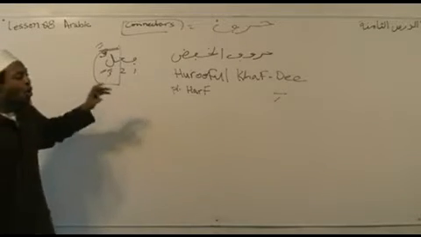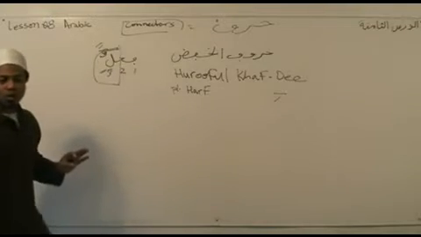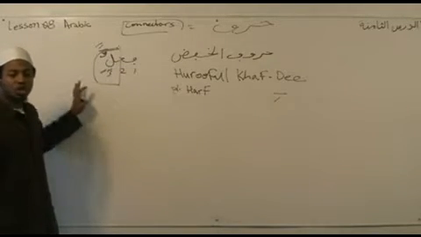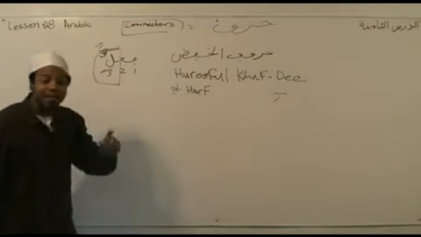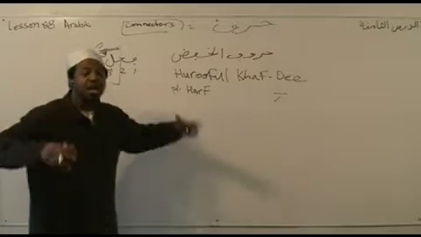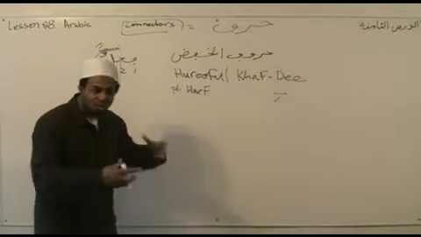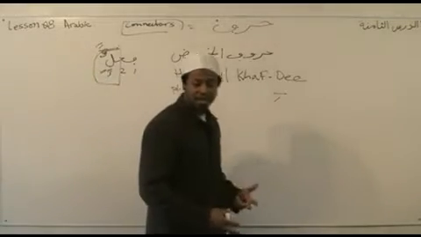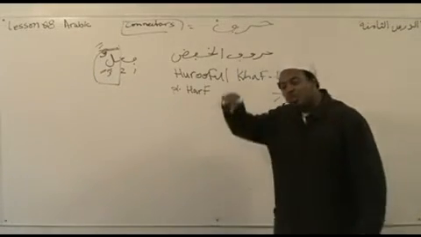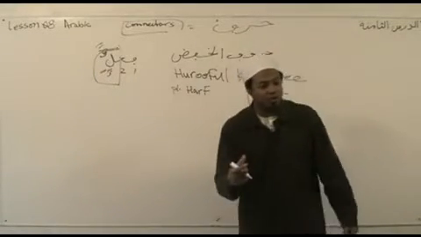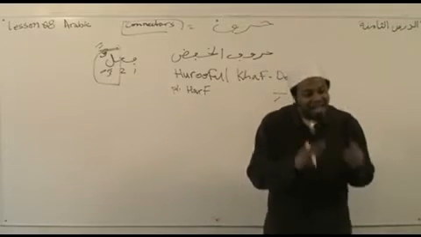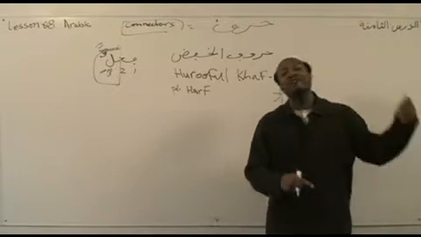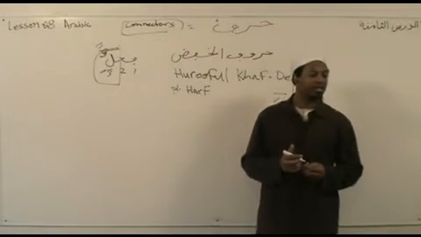Also, the placement of the word in the sentence lets us know what's going on. Grammar is the science where we study the sentence based on the words in the sentence, whereas sarf, etymology, is the science through which we study the word to understand that particular word before entering it into a sentence.